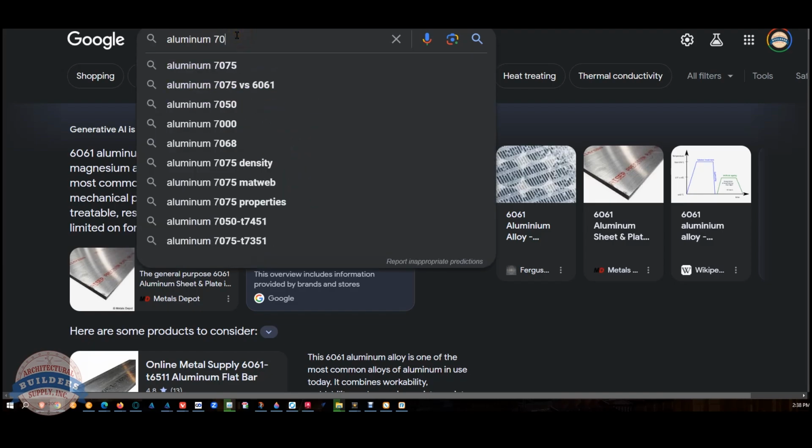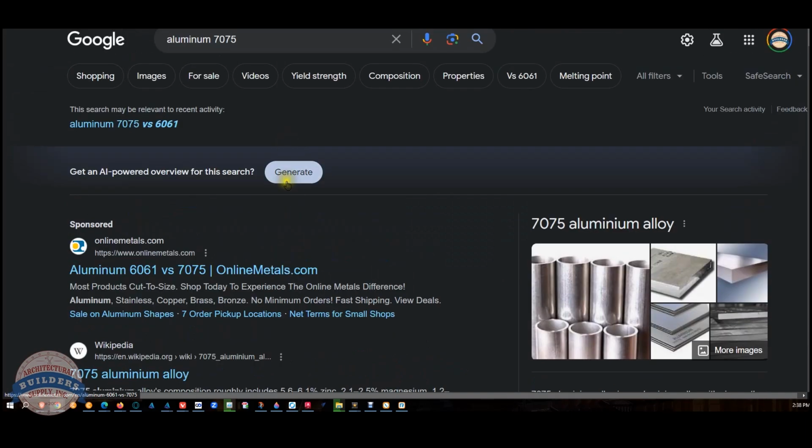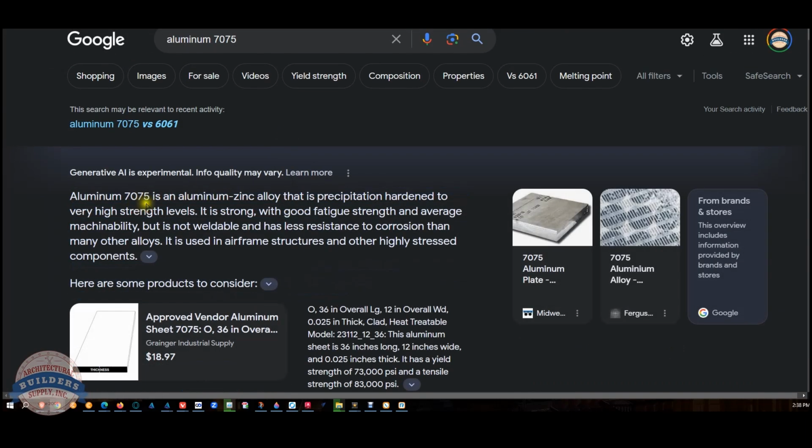The other alloy that is used for machining is 7075, which is hardened to very high strength levels. It's strong, with good fatigue strength and average machinability, but is not weldable and has less resistance to corrosion than many other alloys. So I wouldn't opt to use 7075, because with average machinability, I want it to be easy to machine.